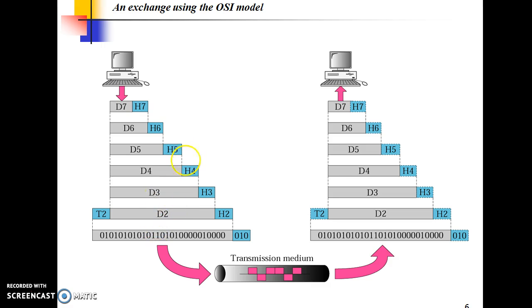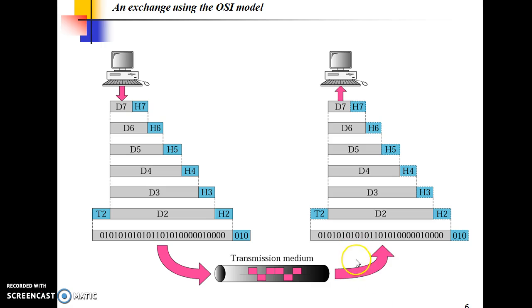But at the data link layer, a header as well as a trailer is attached. A trailer is used for checking whether there is any error in the data or not. And then at the physical layer, the basic unit of the data is bits. So all the data will be converted in the form of bits, and this data will be transmitted through any transmission medium. Here it can be twisted pair, coaxial cable or fiber optic.